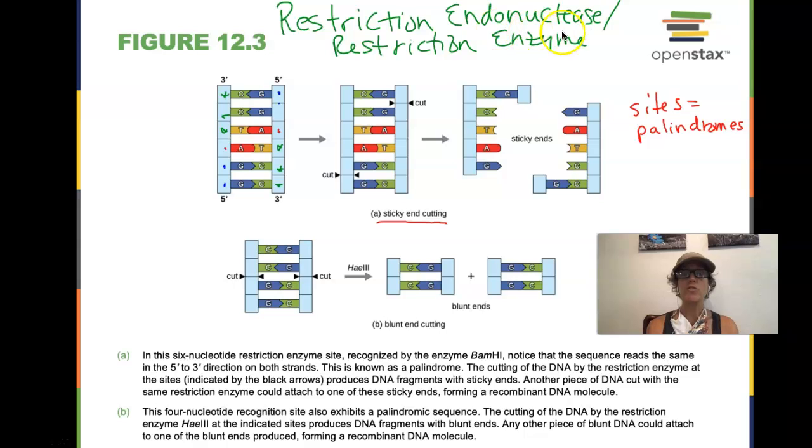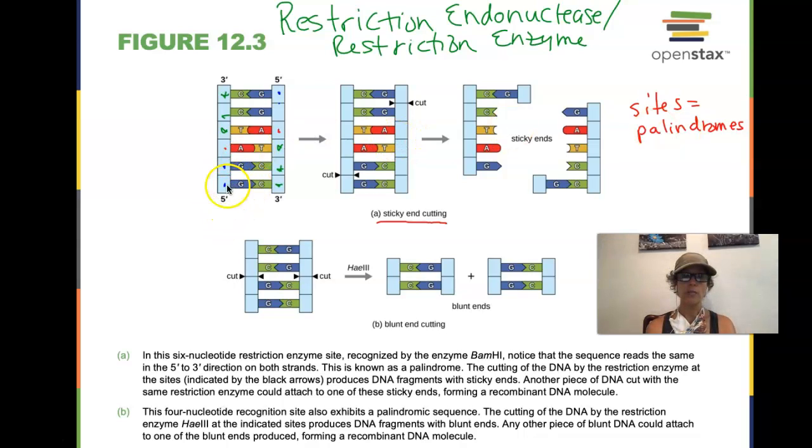And so the restriction endonuclease recognizes a particular sequence pattern within the DNA. And the sites for that recognition are palindromes, meaning the sequence on each strand reads the same from 5' to 3'.